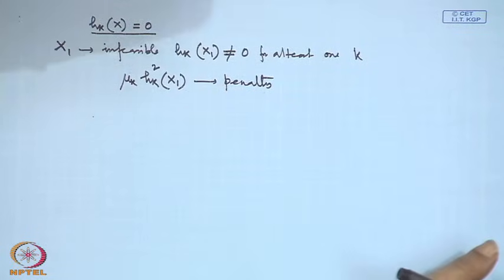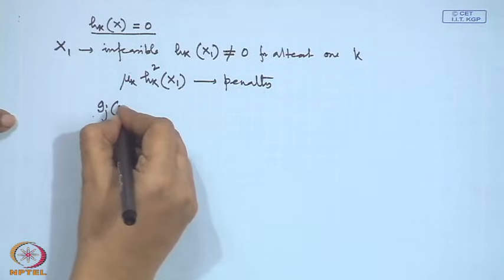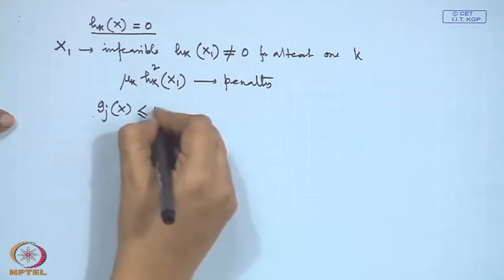Now, let us see what happens for the inequality constraints. Inequality constraints are of the type g_j(x) less than or equal to 0.